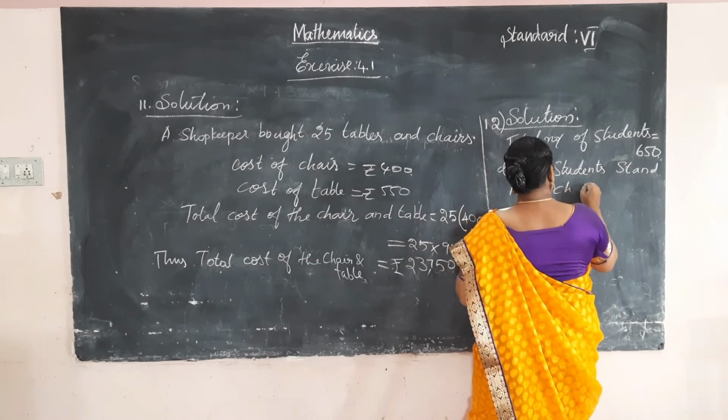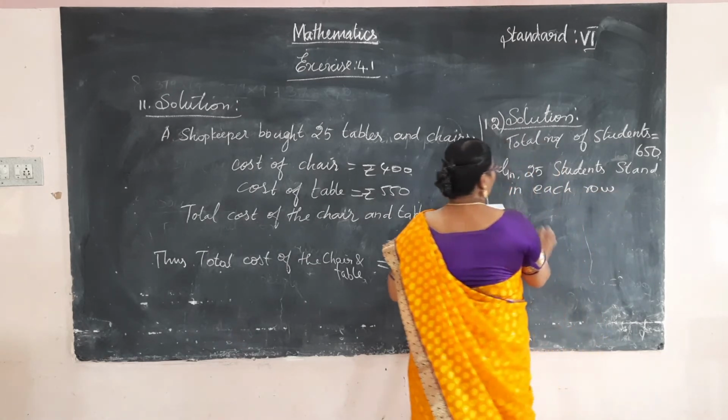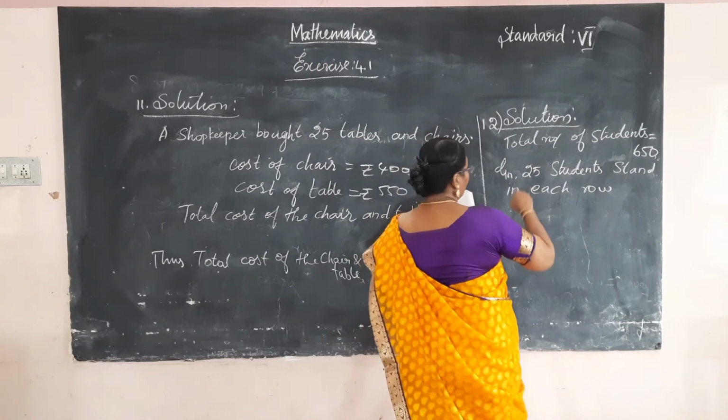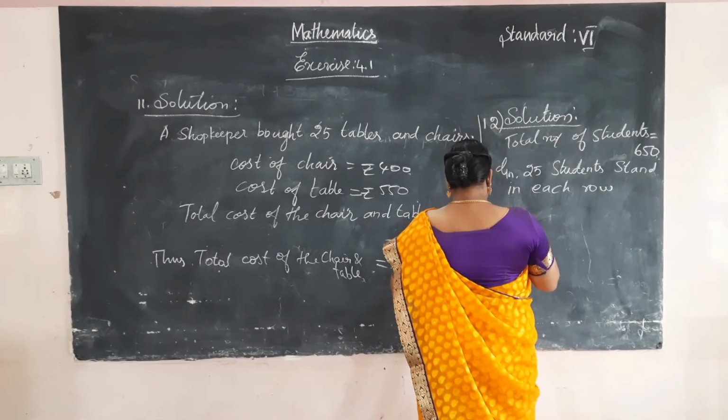In each row, how many people are there? 25 students. So how many rows can we make? So divide 650 by 25.